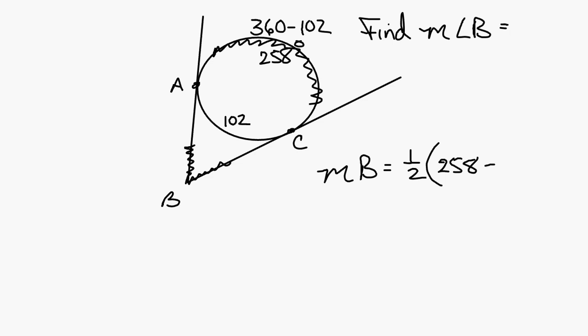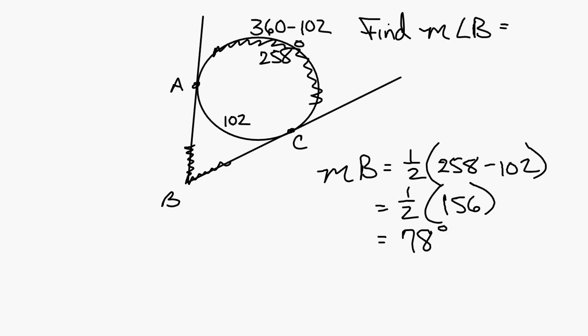So the measure of angle B is equal to 1/2 times 258 minus 102, which is 156. And half of 156 is 78 degrees. The measure of angle B, 78 degrees.